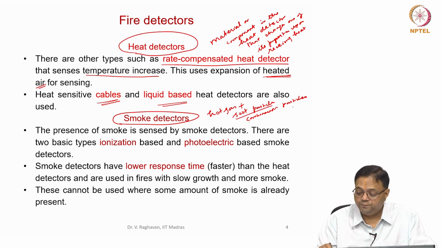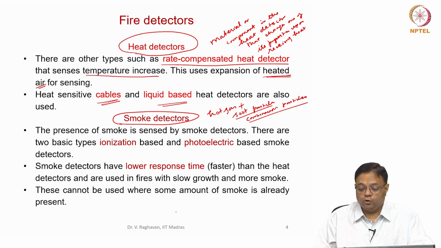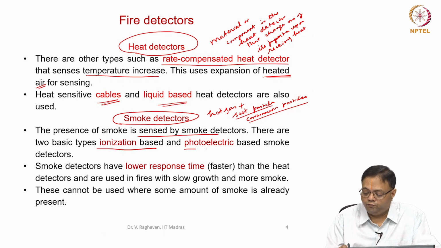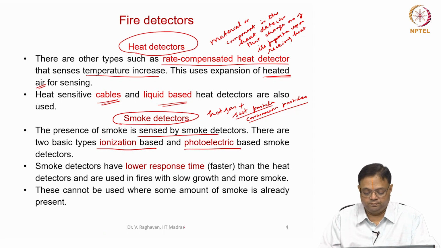What happens here? You use what are called optical methods to detect the smoke. There are two methods to sense smoke. The first one is the ionization method. The second one is the photoelectric based method.